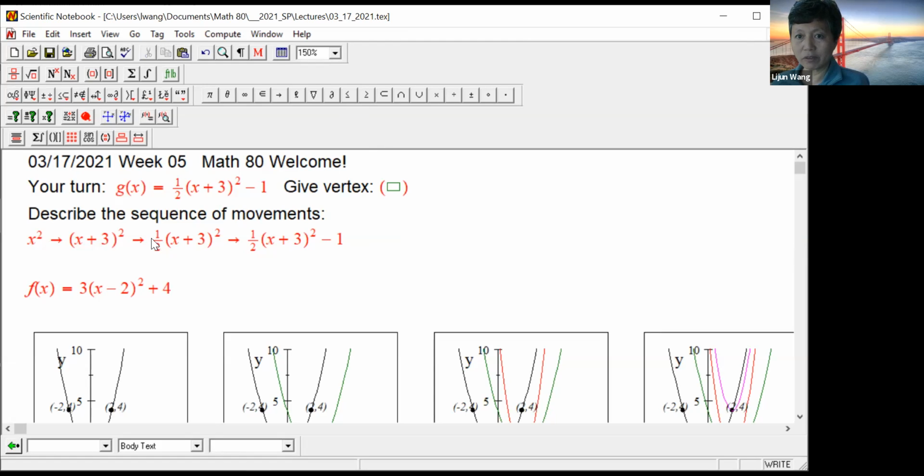The vertex stays the same place. And then -1, the entire curve shifted down by 1 unit. Do you guys follow me?